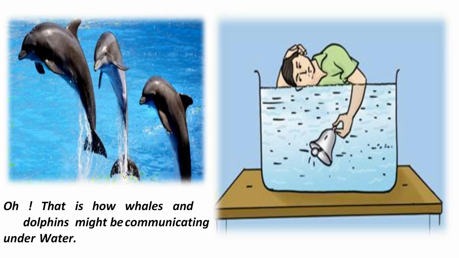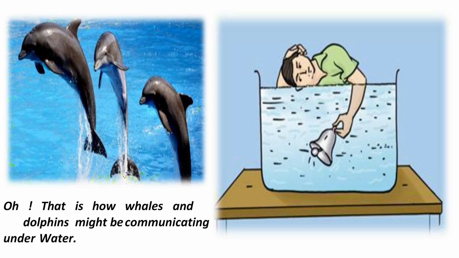The ringing bell sound the boy is hearing, in this particular scenario, what is the medium? Water. That means sound is traveling through water. Here there is an application also, how whales and dolphins might be communicating underwater. So we can conclude that sound waves can travel through solids, liquids and gases.